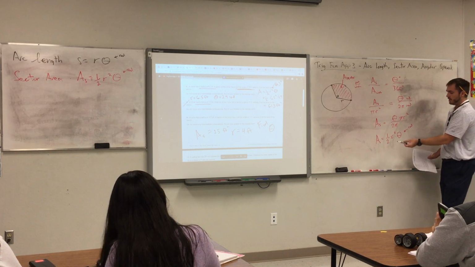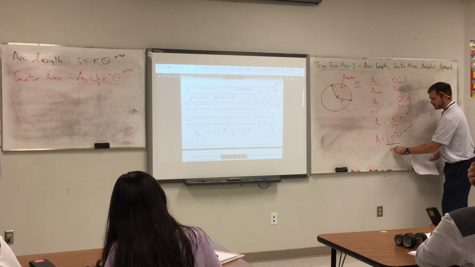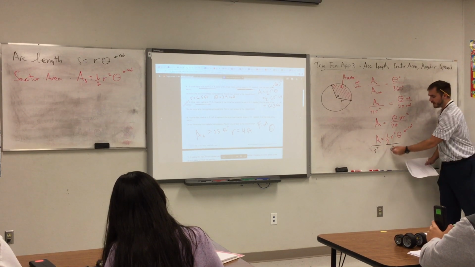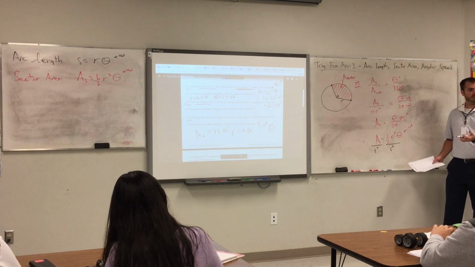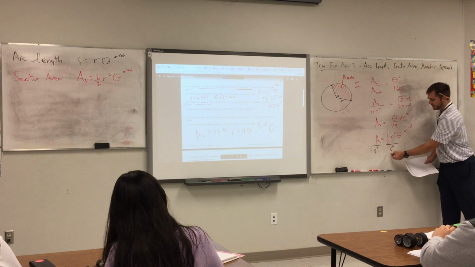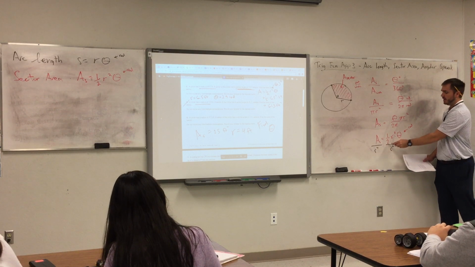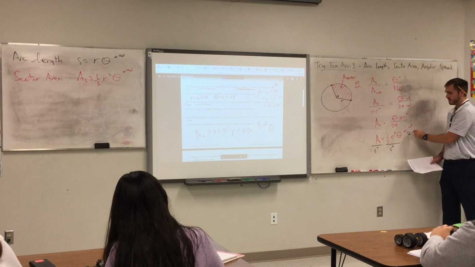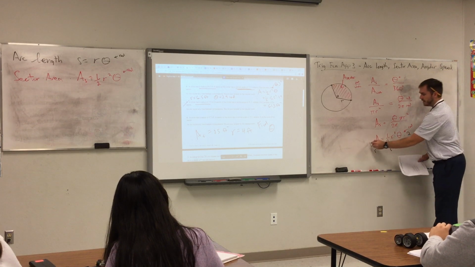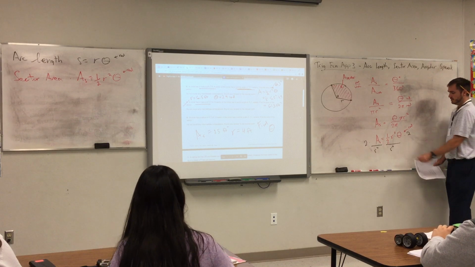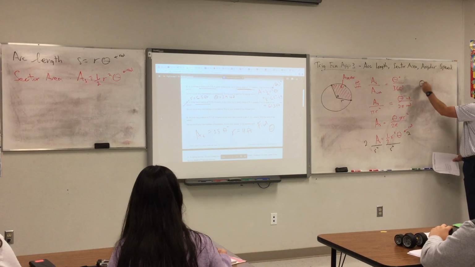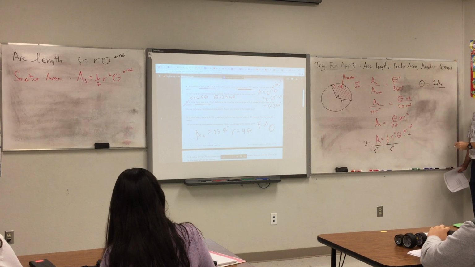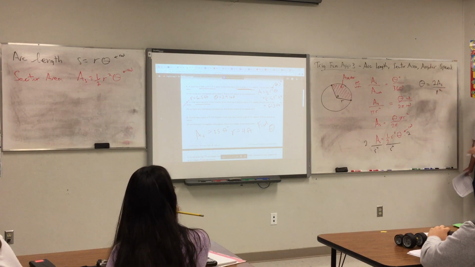So divide, okay? Now we've got a couple options here. We could divide by r squared, absolutely. If you wanted to divide by 1/2, that would work, okay? But you have fractions of fractions. Another way would be to just multiply by 2. Because if you multiply this side by 2, then that 2 will cancel out here. And if we multiply that side by 2. So our formula will be theta equals 2 times the area of the sector divided by r squared.